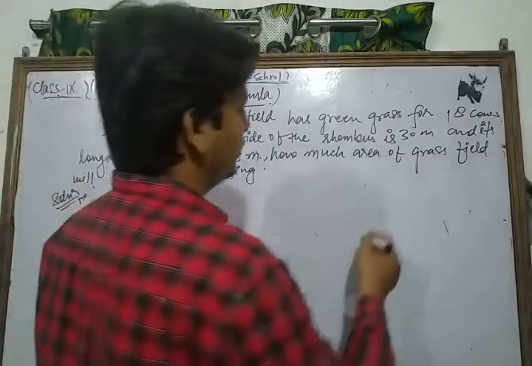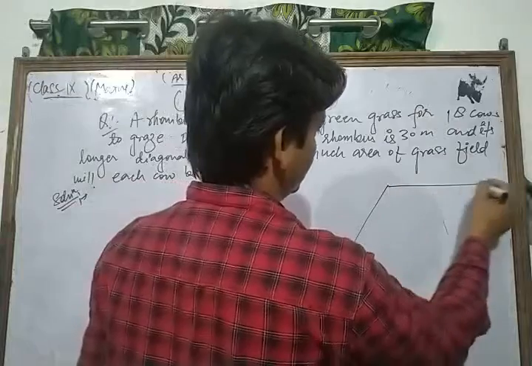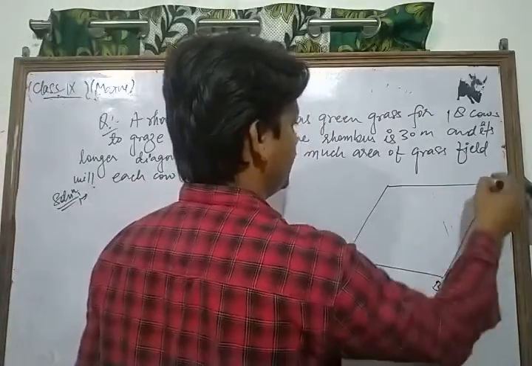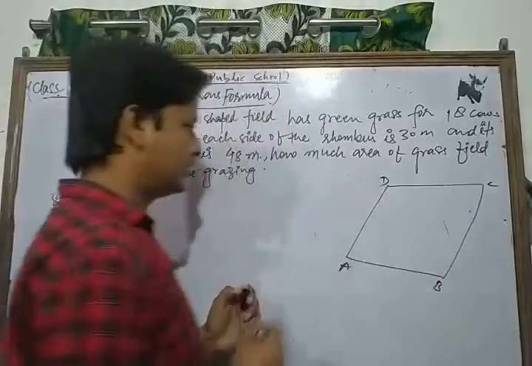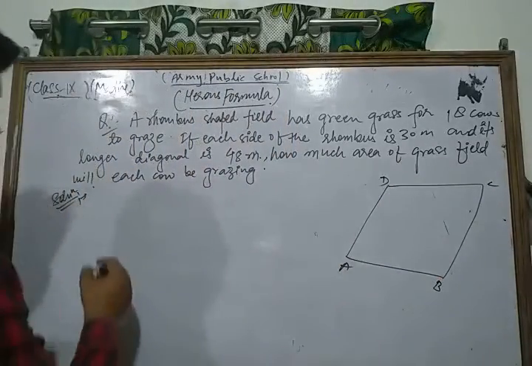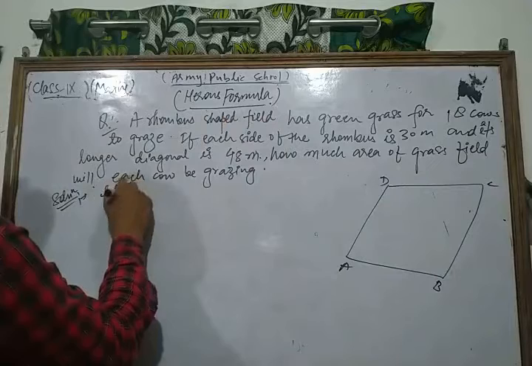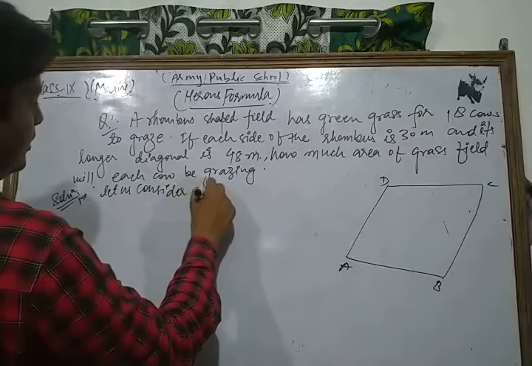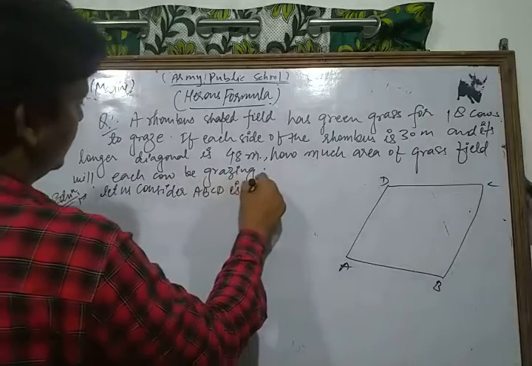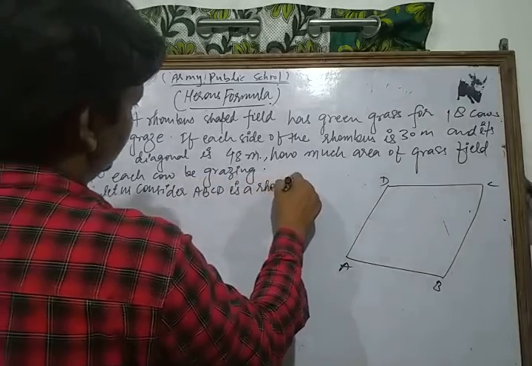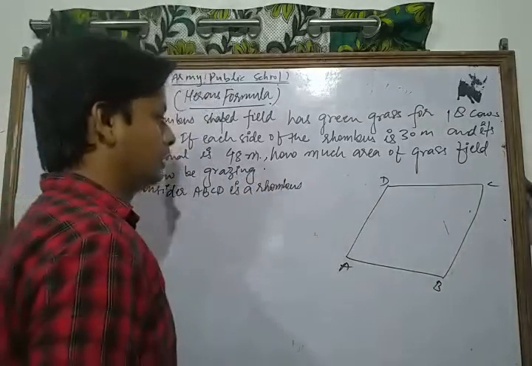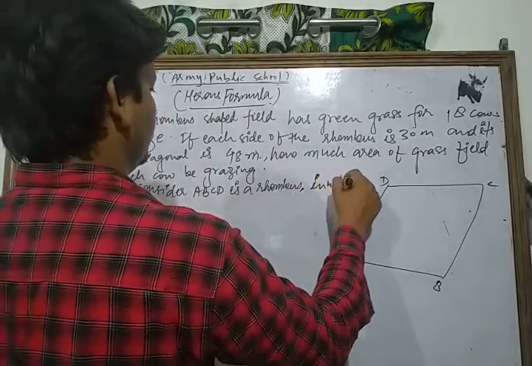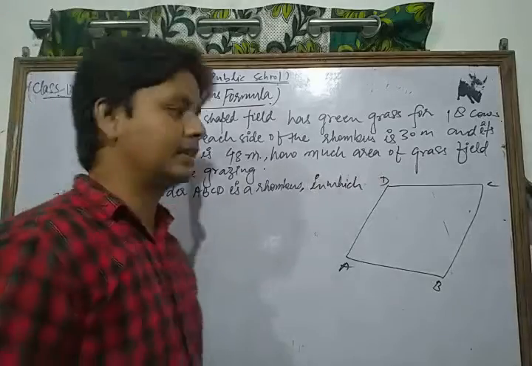So first of all, we draw the rhombus. Suppose that ABCD is a rhombus in which each of its sides is 30 meters.